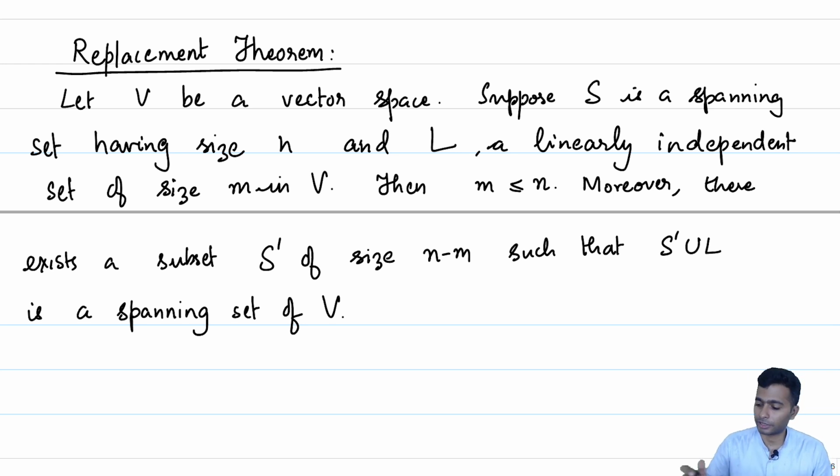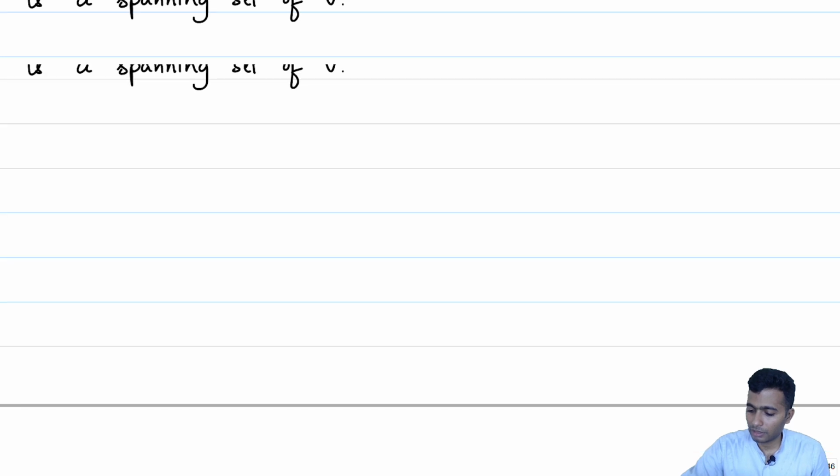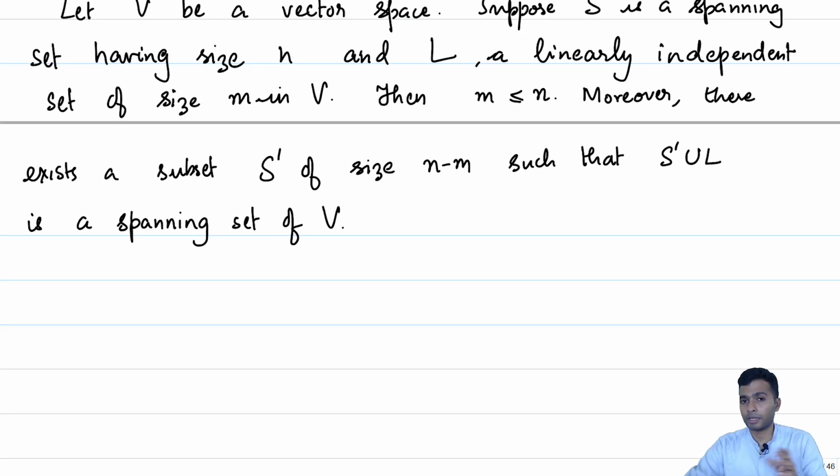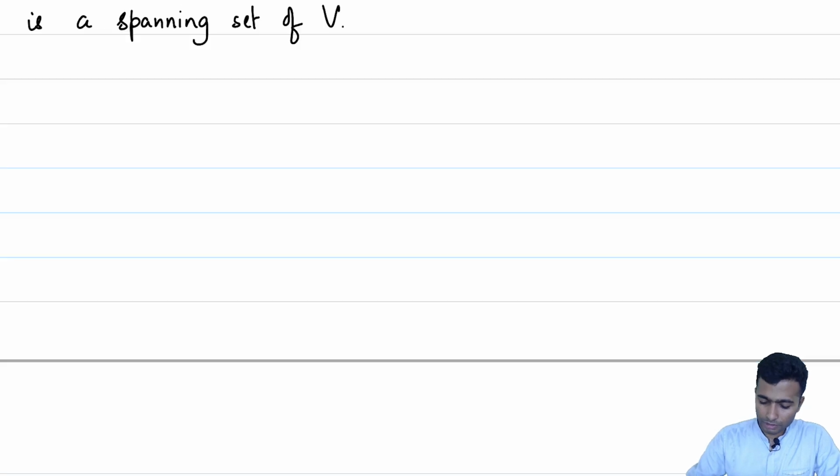That is the first conclusion. And then the second part says that in the spanning set you can replace many elements with elements in capital L and get hold of a new set which will continue to be a spanning set. Okay, let us give a proof of this statement. It goes in many steps. Let us patiently go through all of them.